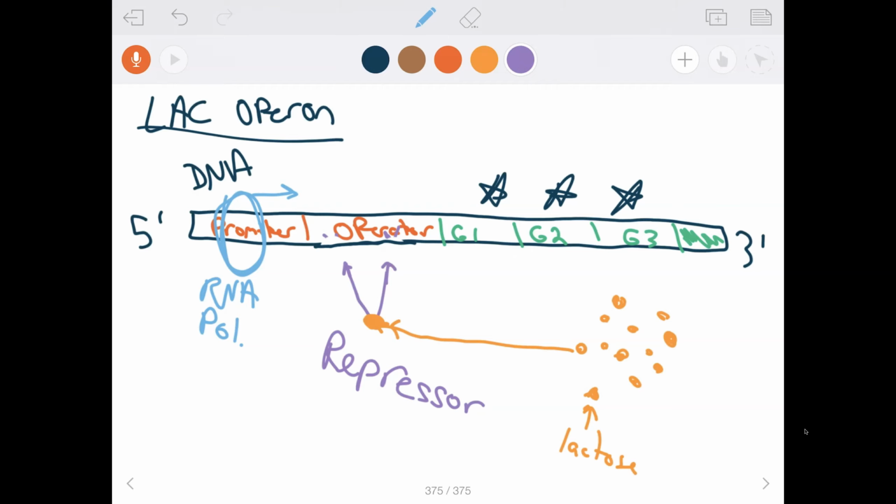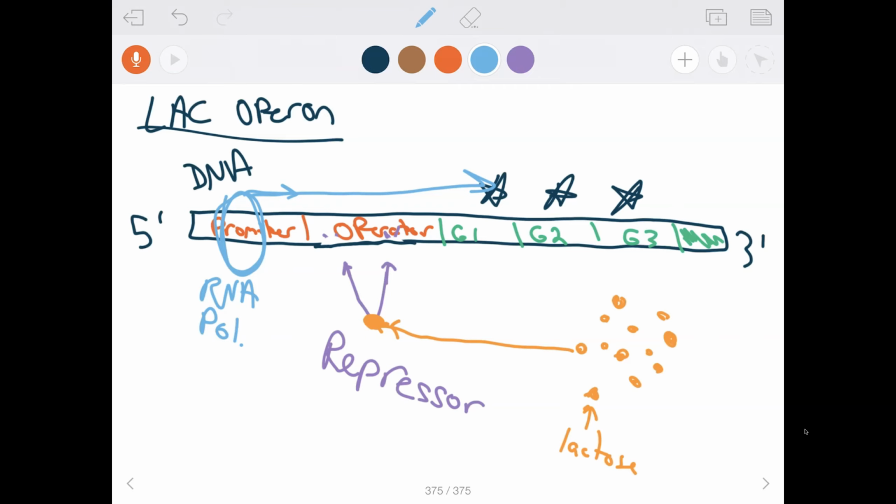And polymerase now has the ability to transcribe and then eventually translate those 3 genes. So it's not a permanent turn on or off. It can be turned on and turned off over and over again.